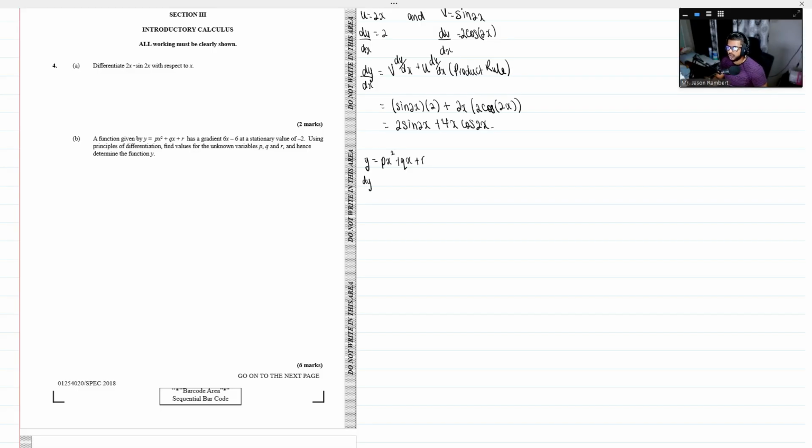So the gradient dy dx is equal to 6x minus 6. That is the data. A stationary value is not an x value. If a stationary point is of the form a comma b, the stationary value will be b. So in this case, the y value will be minus 2.